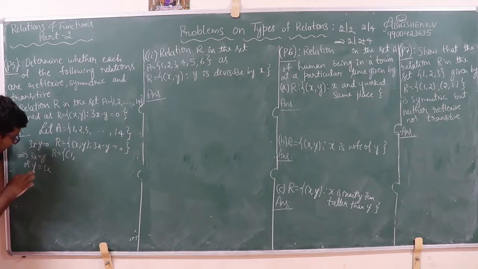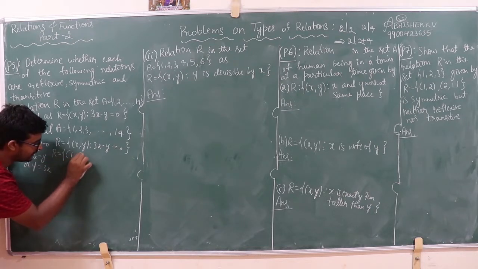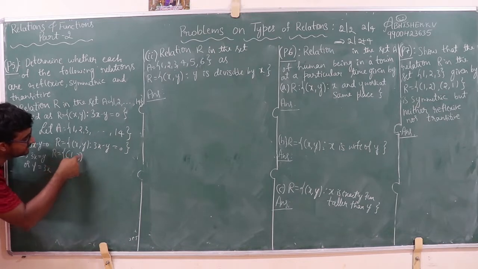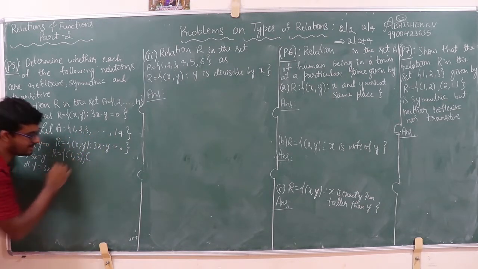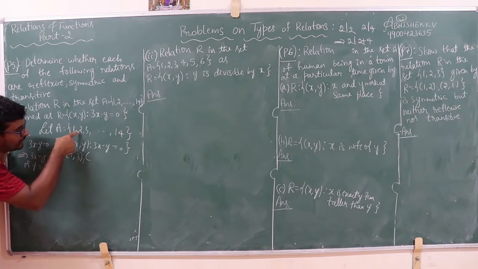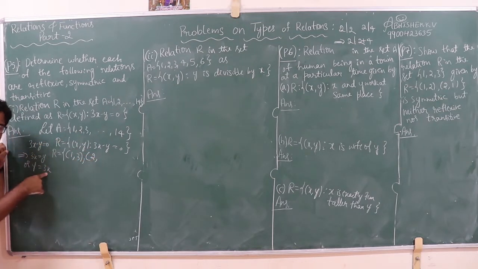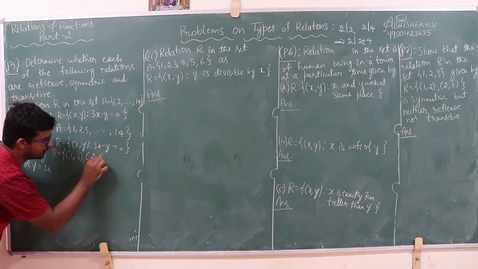Are you clear about this? If I put x is equal to 1, what is y? Y is equal to 3. Observe, 1 and 3 belong to this set A. Then consider the next one. If I put x is equal to 2, what is y? Y is equal to 6.